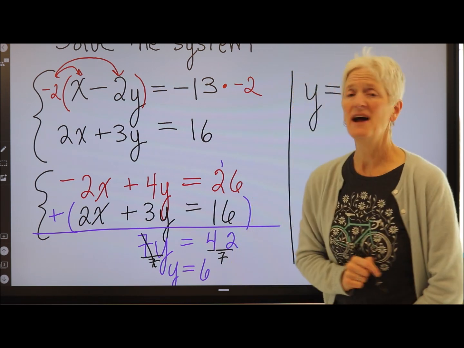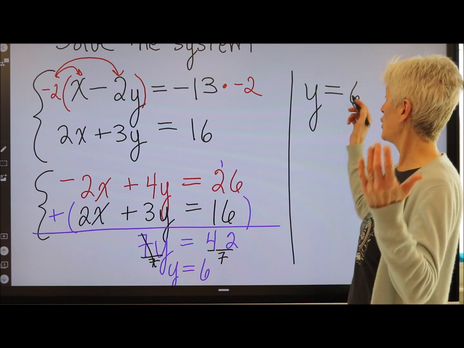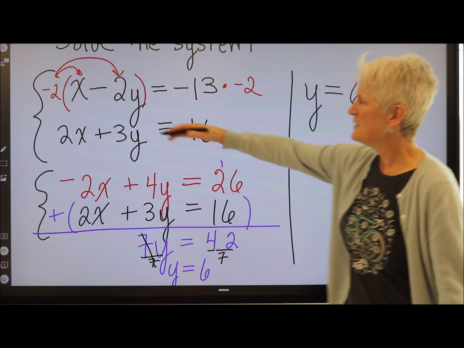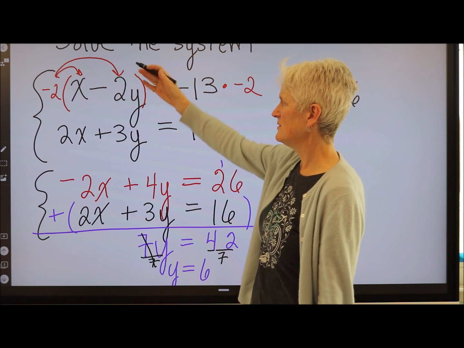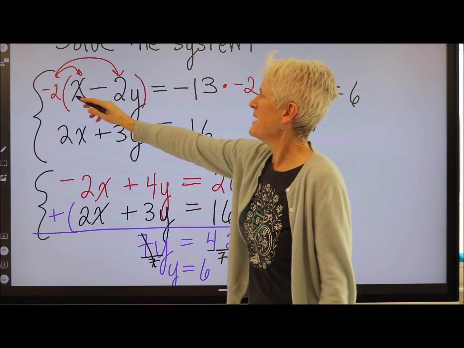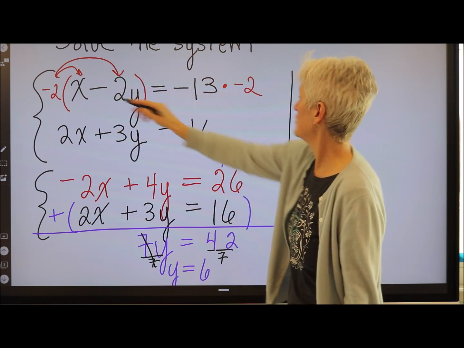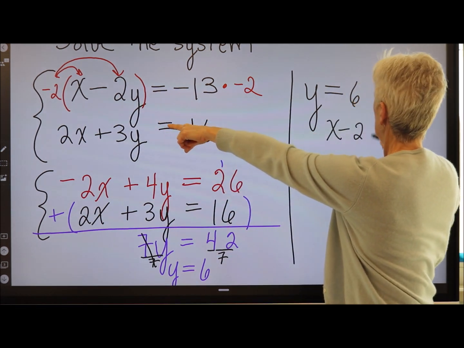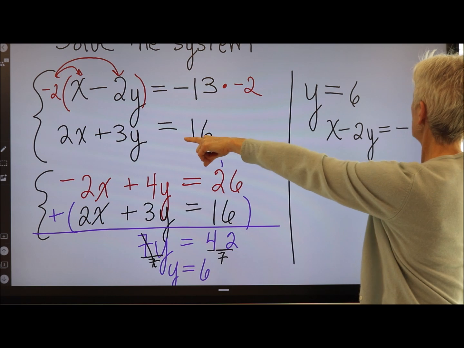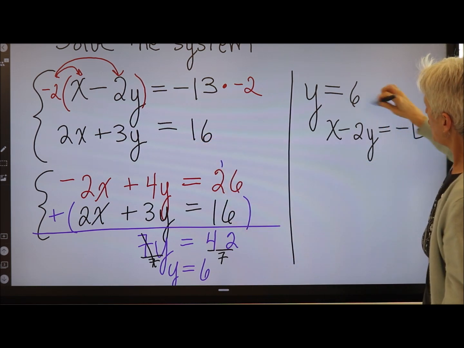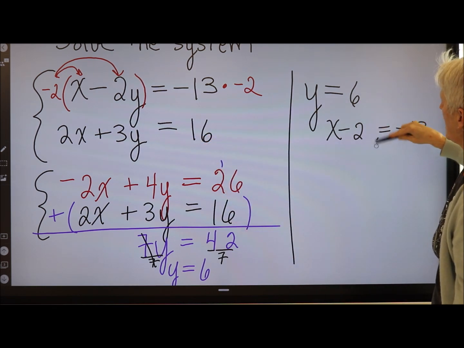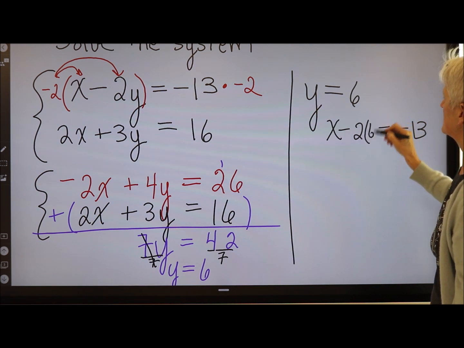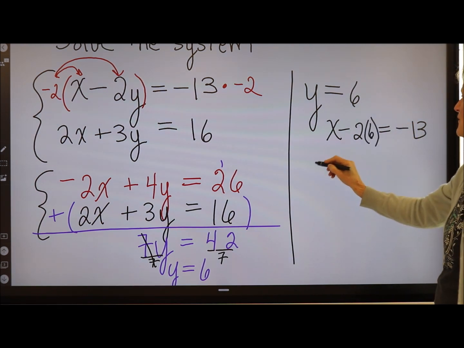So how am I going to find my x that goes with this y? Well, I can pick either one of my equations. I'm just going to pick my original equation here, x minus 2y equals negative 13, just because that looks easiest. And I'm going to replace this y with my 6 and find my x.